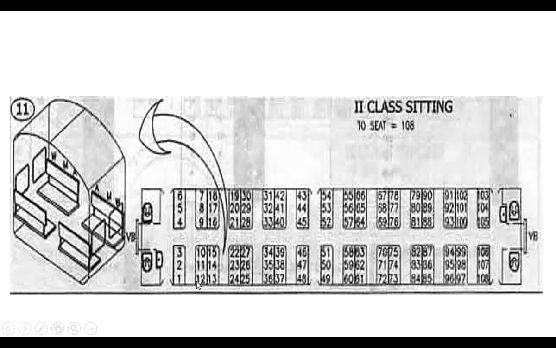So the thing to be caught here is the difference. The difference is 11, and for this whole column the opposite seat difference is always 11. So 13 plus 11 is 24, 25 plus 11 is 36, 1 plus 11 is 12, 97 plus 11 is 108.